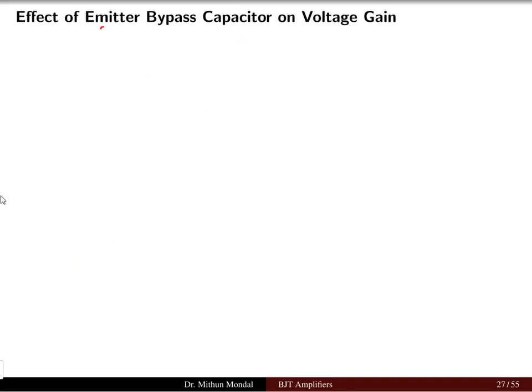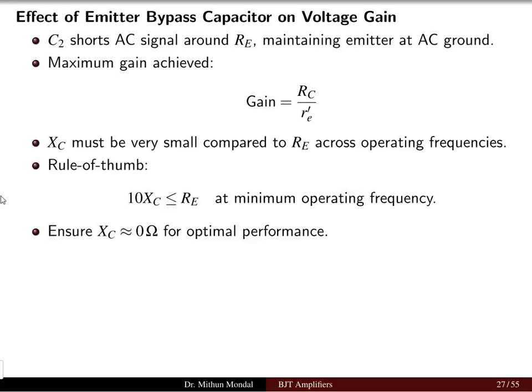There is a certain effect of the emitter bypass capacitor on the voltage gain. The C2 capacitor will short the AC signal around the emitter resistance, and this will maintain the emitter at AC ground. Then the maximum gain that can be achieved is basically RC divided by re', and we can say that the capacitive reactance XC must be very small compared to the emitter resistance across the operating frequency.